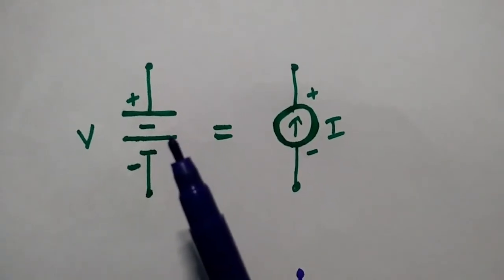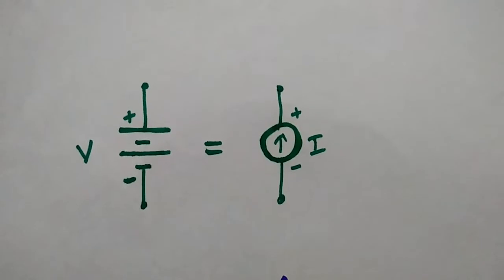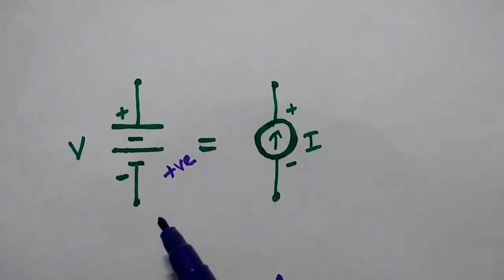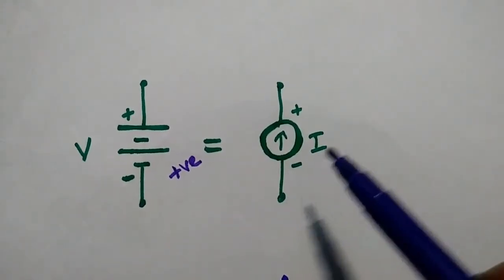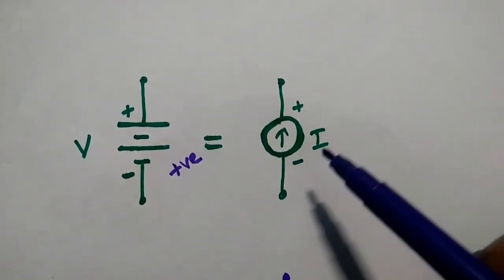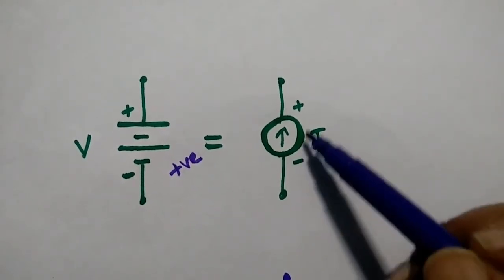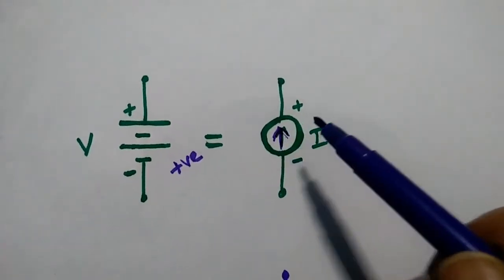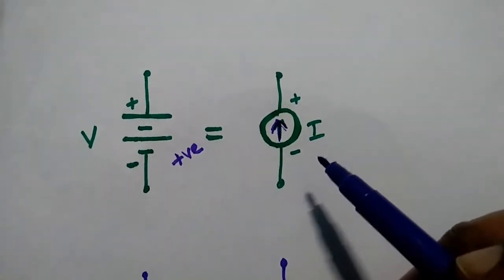If the voltage is supplied from negative to positive means it is called as positive voltage, that is voltage rise. Okay, for this voltage the equivalent current source is looking like this, because the current is always flowing from negative to positive, so the direction looks like this. Okay, so the current direction is always from negative to positive.